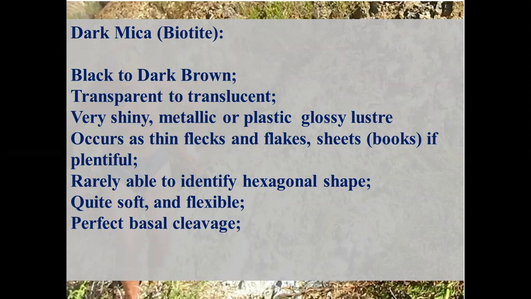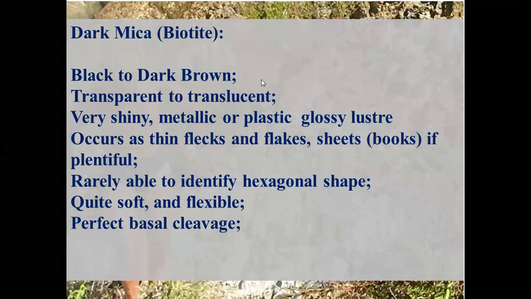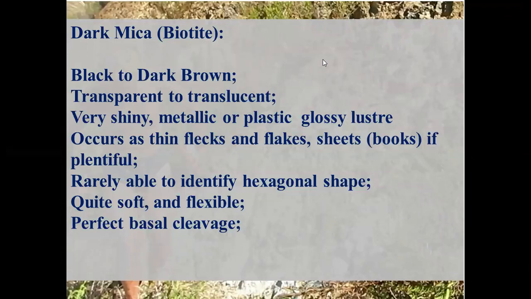If we find a black to dark brown mica, we would call it biotite. But remember, biotite is a chemical entity in its own right, and you can debate how accurate you were in calling it biotite rather than dark mica. Many do call it biotite when it's just a black to dark brown mica, without any further analysis.